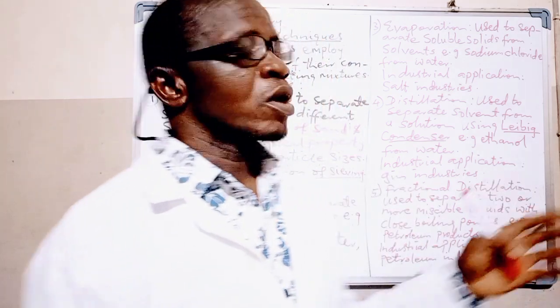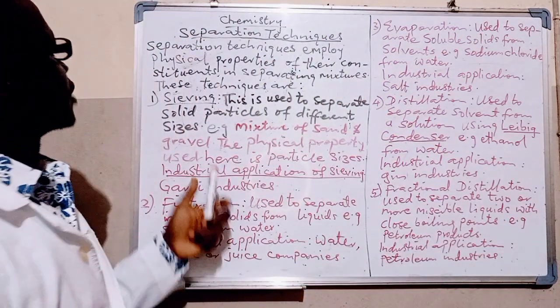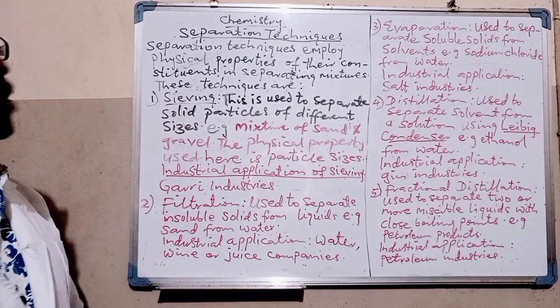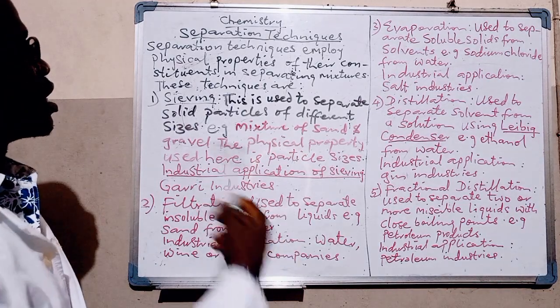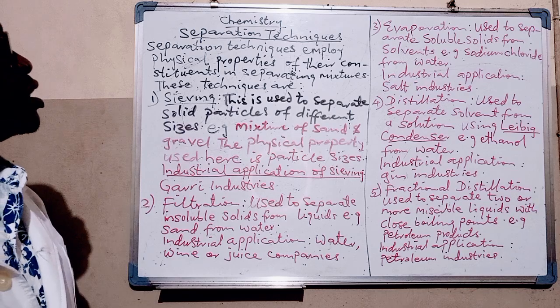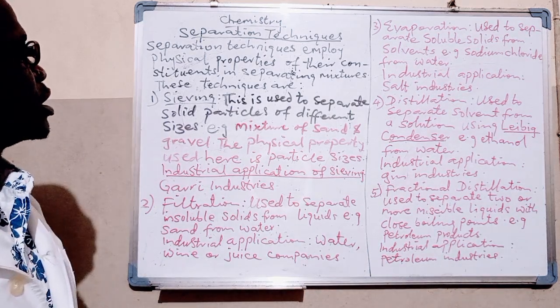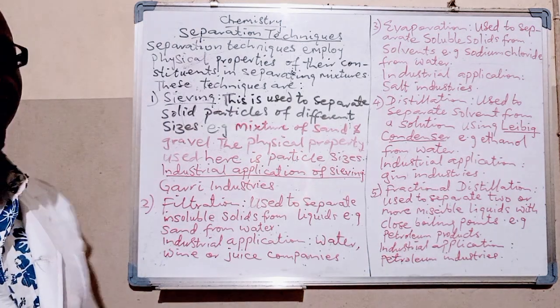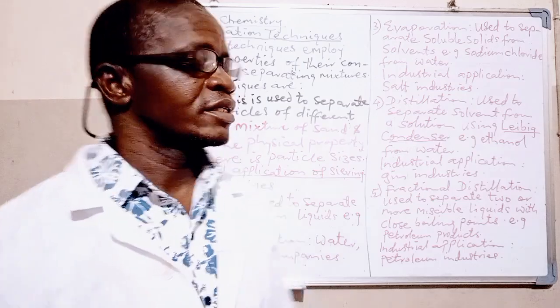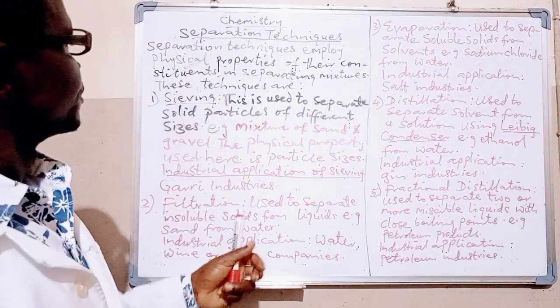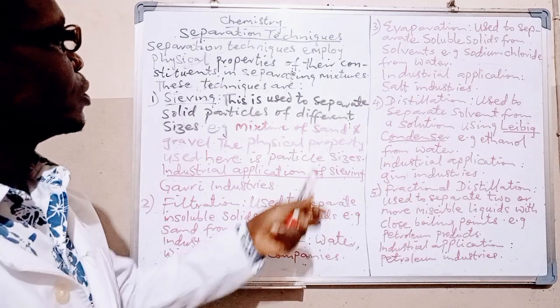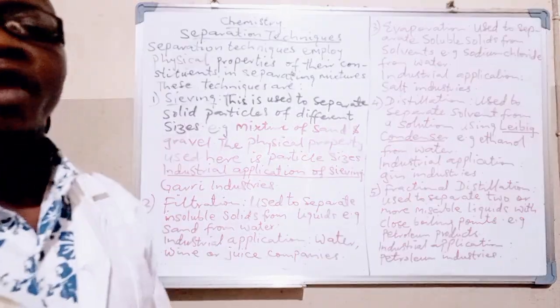Now, number one separation technique that we are going to talk about is sieving. What is sieving? Sieving is a technique used to separate solid particles of different sizes. There must be different sizes. Example, sand and gravel.